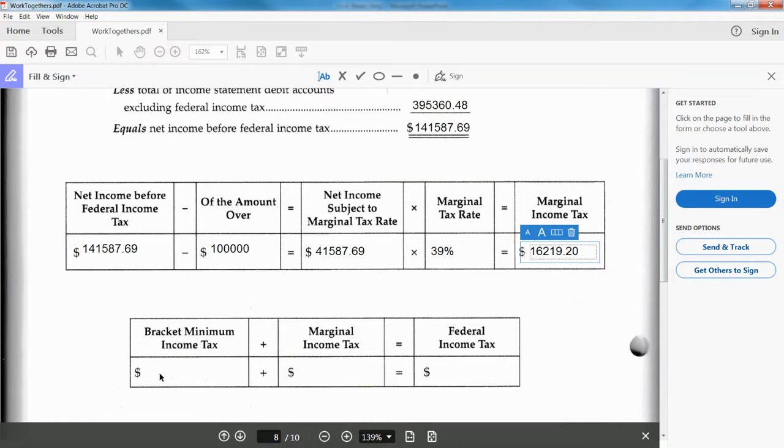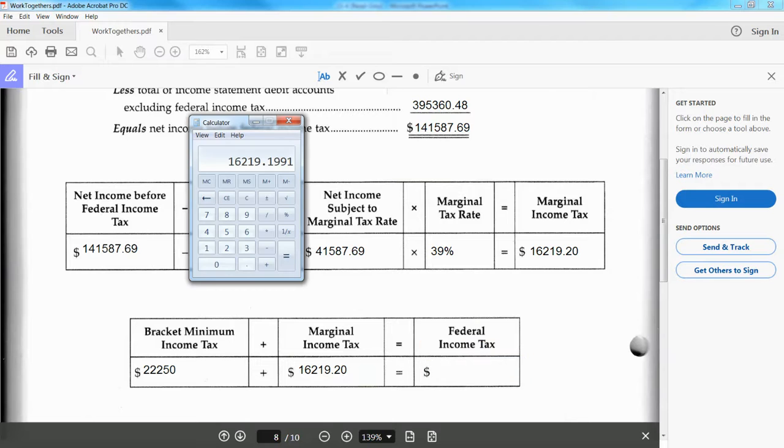And then again, from page 458, we know the bracket minimum. So from the brackets below it, we're going to take 22,250 plus our marginal income tax, which is 16,219.20. And we add those two together.